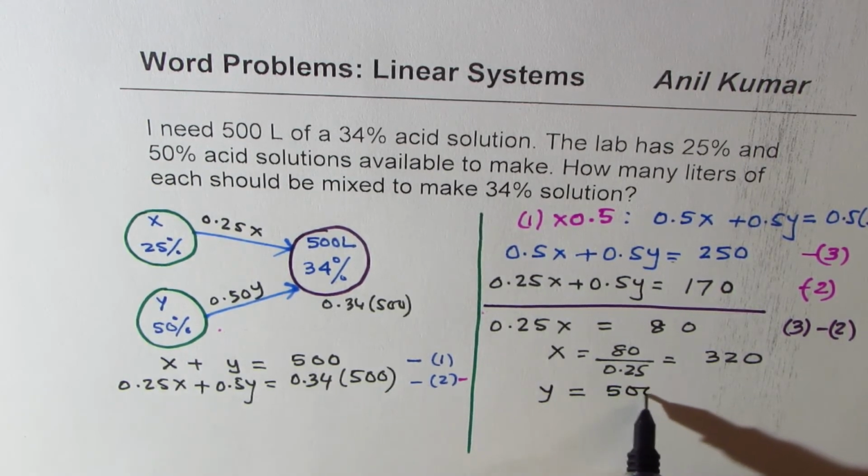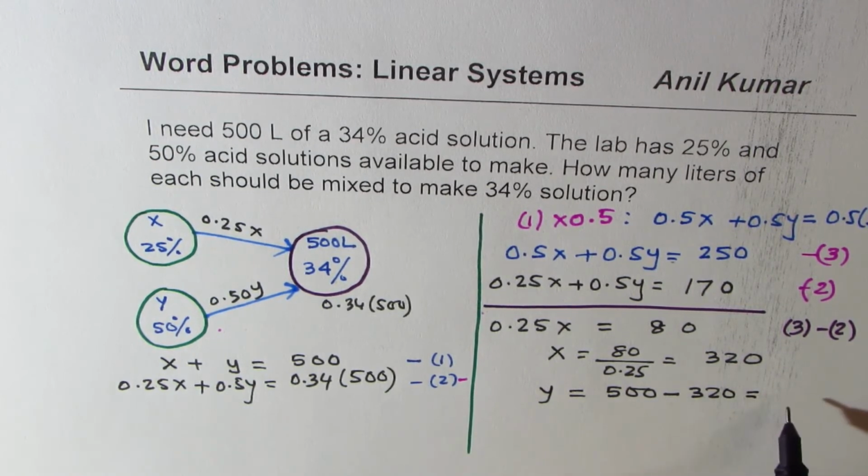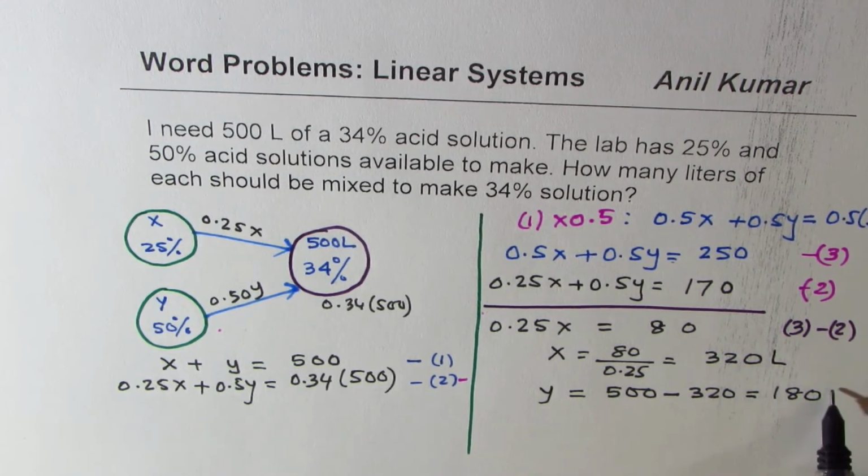Since we know what x is, we can find what y is. Y is 500 minus 320. Perfect. And that gives you 180. And the units are in liters.